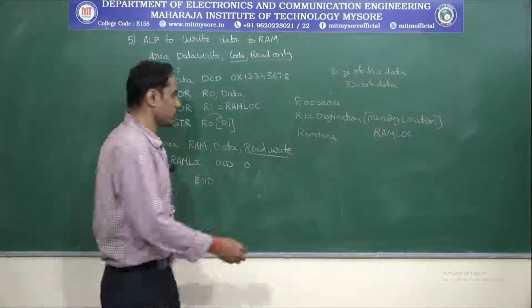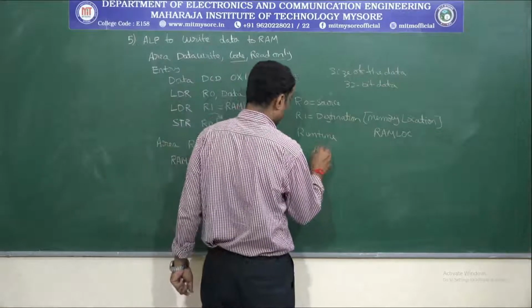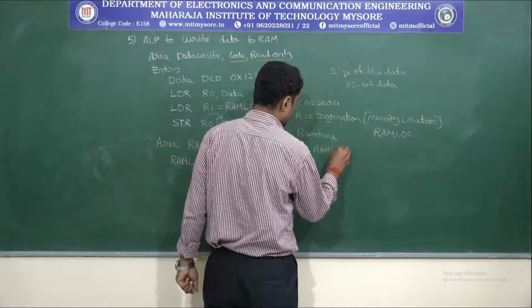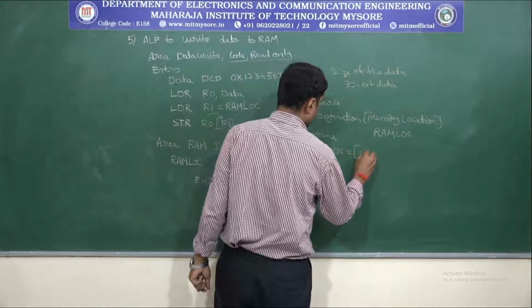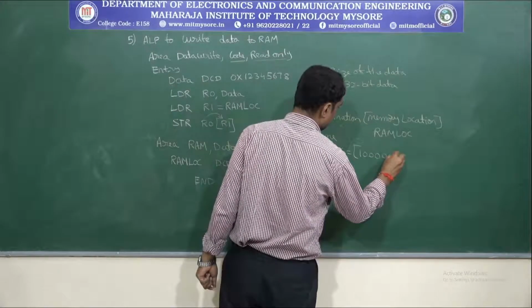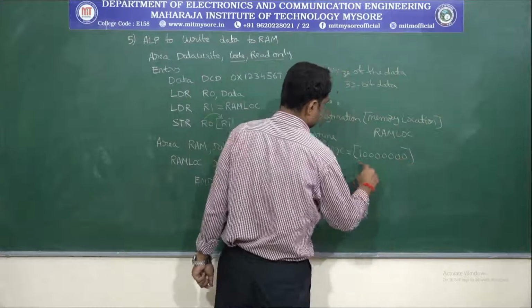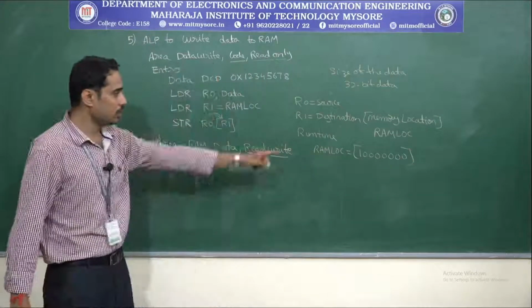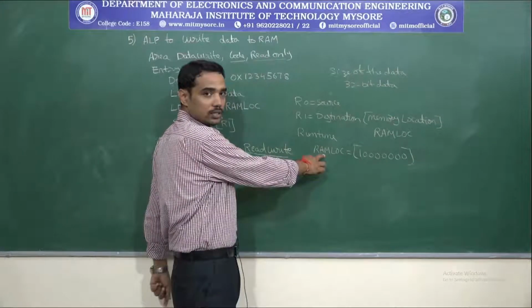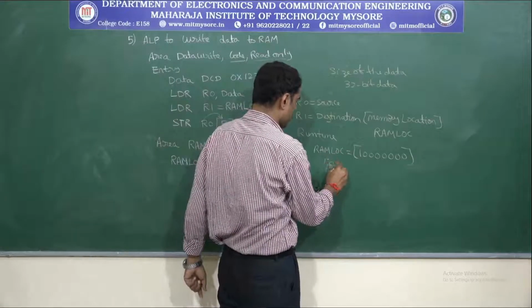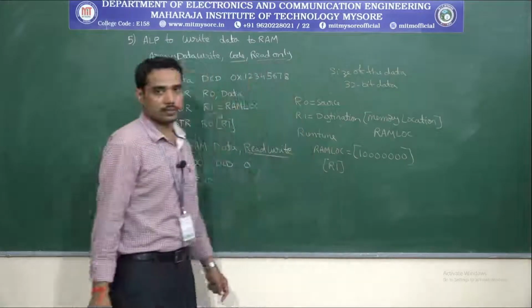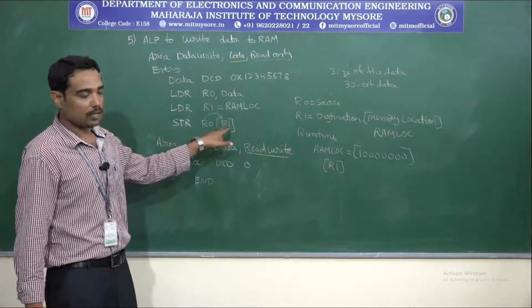For simplicity, we will assume that the address for RAM location at runtime is equal to 1 followed by 7 zeros. This is the address of what? RAM location, that is nothing but R1, which is the indirect address.